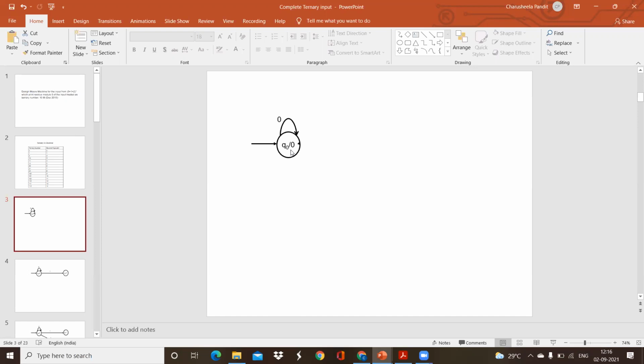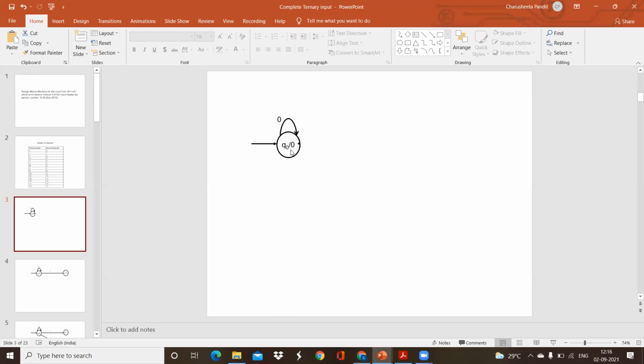That is the reason you got 0. And to this 0, you will be concatenating the next digit. So in case of ternary, what are the possible digits which you can concatenate to the previous result? Those are 0, 1, and 2.